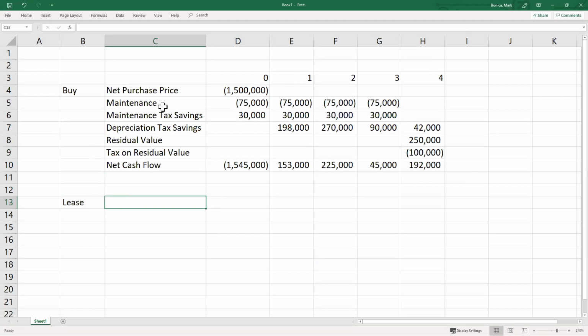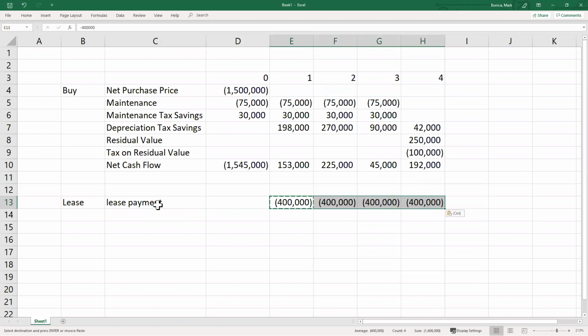And the lease amount is going to be, where did I have it? So the lease payment is going to be $400. And it's actually going to start at the end of year 1, and it's going to go all the way through to the end of year 4.